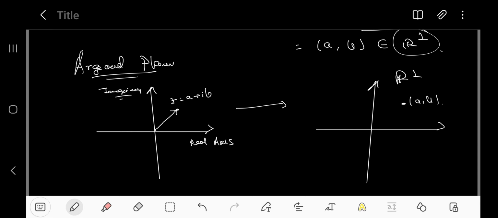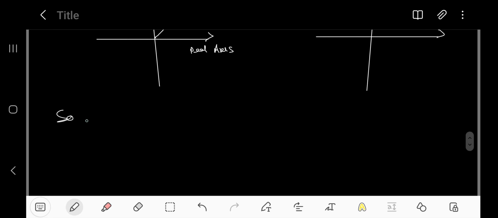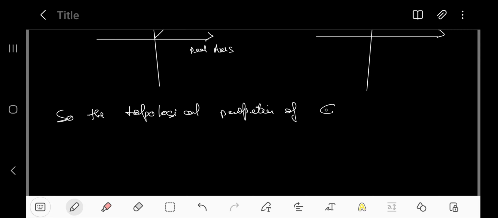Everything happens similarly. Clear? So the topological properties of C are equivalent to those of R2 as well.